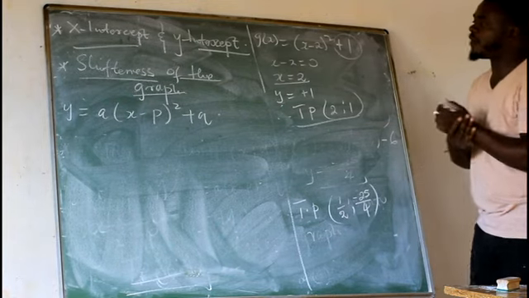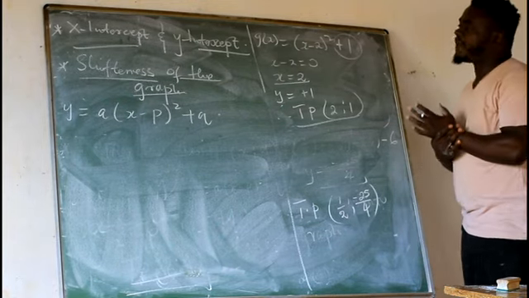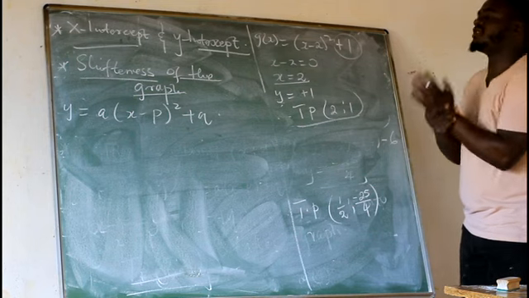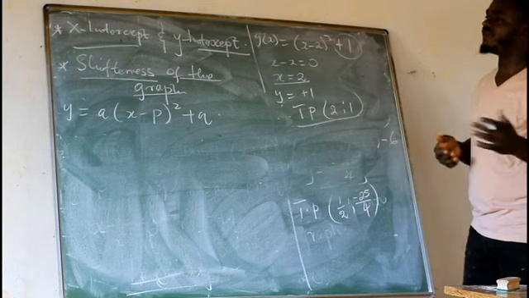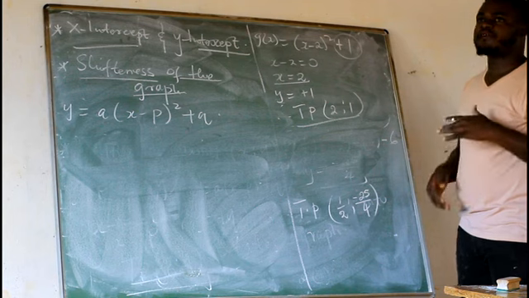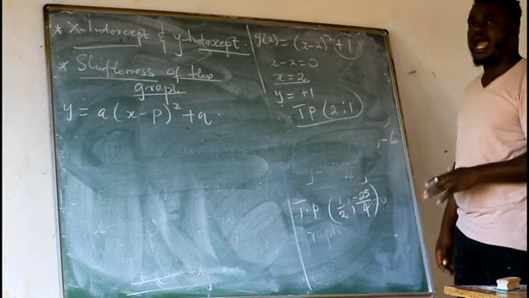Okay, the shift of the graph. When we talk about the shift of the graph, we are saying that the graph can shift either to the left or to the right, or the graph can shift up or down.